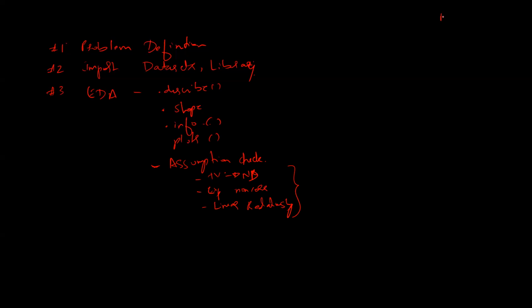Basic classification of machine learning will be your supervised and unsupervised. What is the difference between supervised and unsupervised approach? In supervised approach, my target variable is known, whereas in unsupervised approach, I don't have my target variable. Correct?